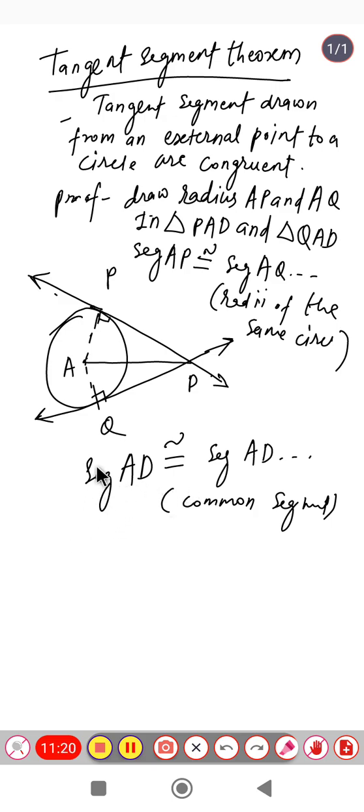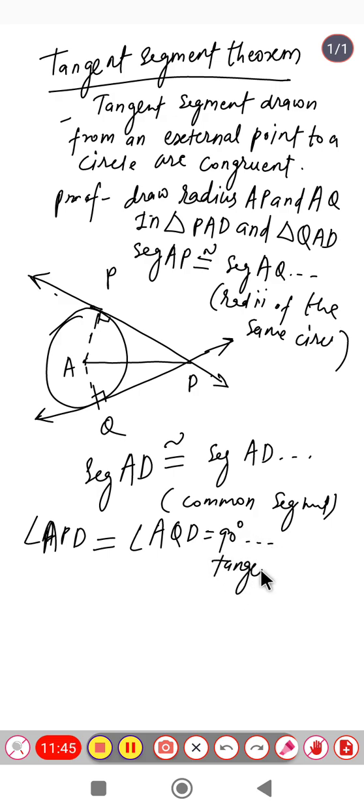Then the next one is the angle. Angle APD is equal to angle AQD, which is equal to 90 degrees, as we saw in the tangent theorem.